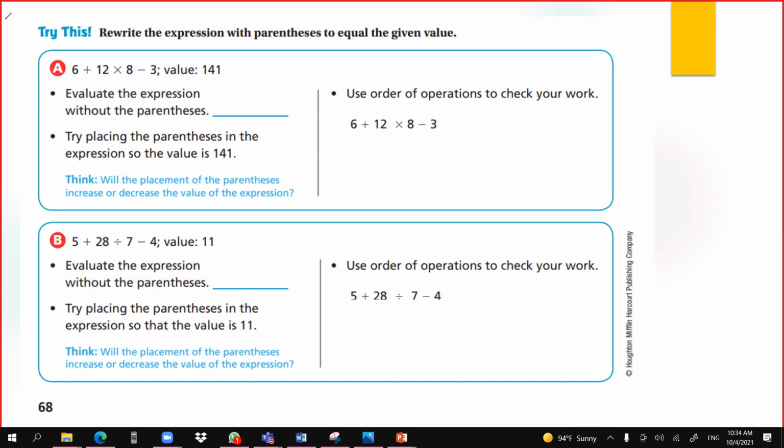Now, first, in A, they ask you to evaluate the expression without the parentheses. As you see, there's this expression, and you need to evaluate it, but without parentheses. How do you evaluate it without parentheses? What do you have to do? Who can help me?